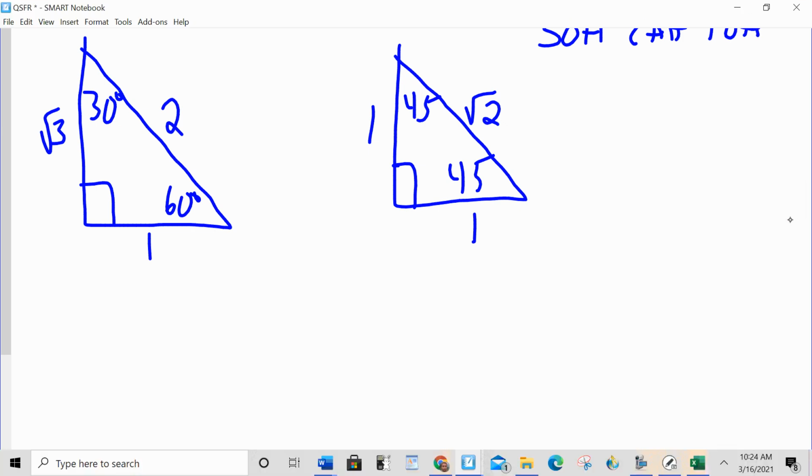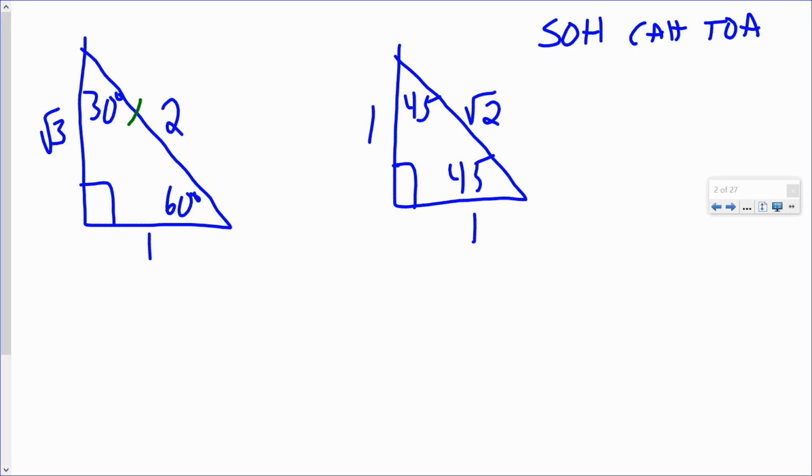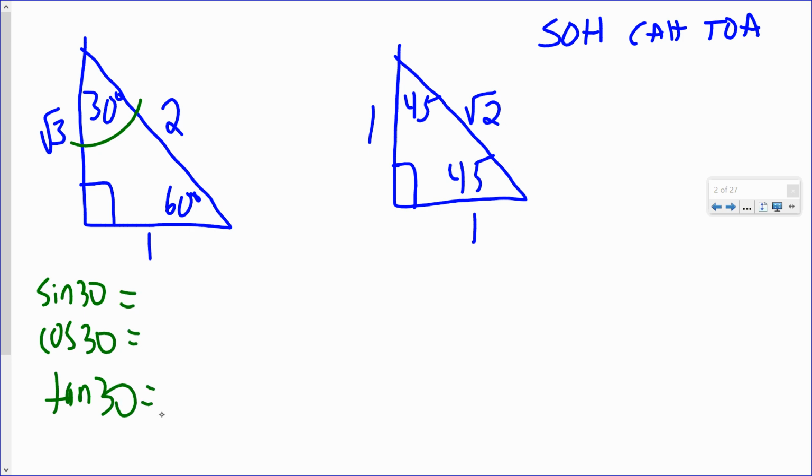So let's start with 30. This angle right here is 30, so I'm going to find sine of 30, cosine of 30, and tangent of 30. Well, sine is opposite over hypotenuse, cosine is adjacent over hypotenuse, tangent is opposite over adjacent.